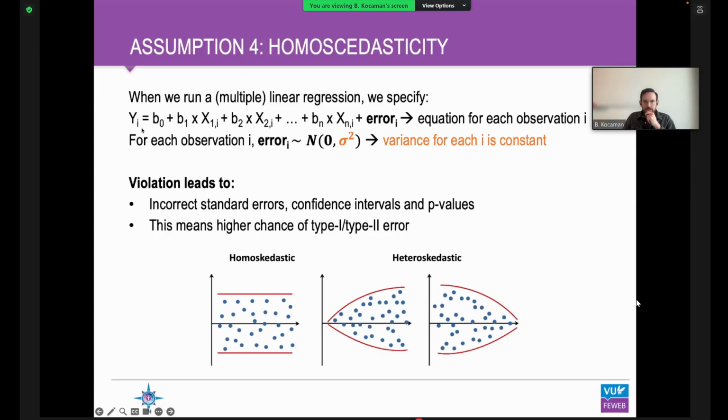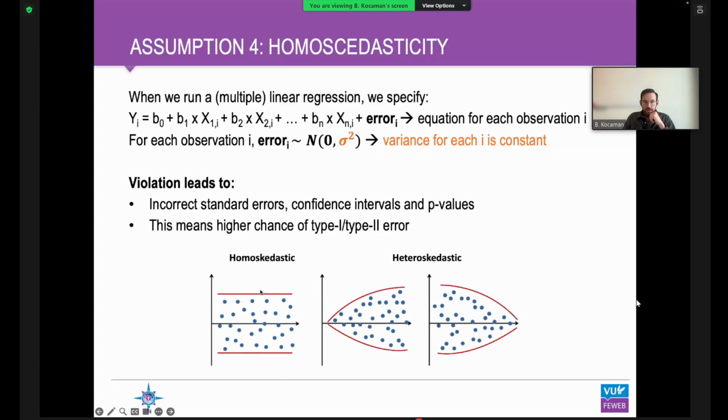Again, if you look at this observation-based regression line, these are individual errors, and for each observation, the assumption is that this error term is distributed normal, zero, and sigma square. But the sigma square doesn't have an i, okay? Meaning that you actually assume the same distribution with the same variance for all of your observations.